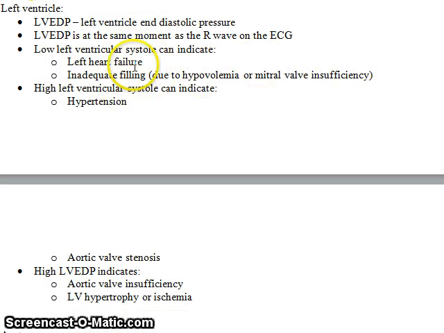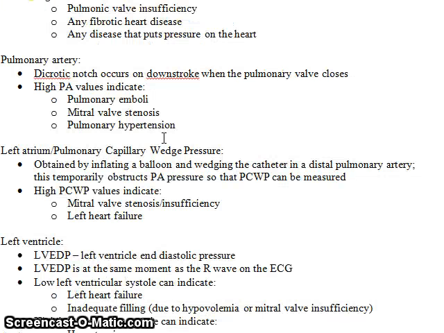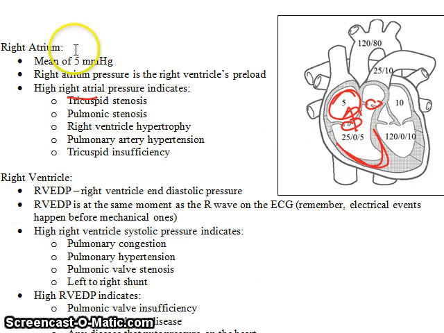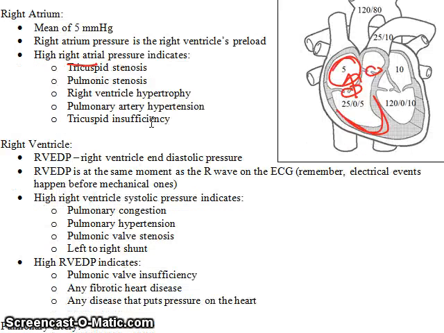The left ventricle pressure is actually measured on the left side of the heart, so it's an arterial stick. You've seen this a million times, but they put the catheter in the actual left ventricle to measure the left ventricle pressure. So all of these pressures that we've looked at up here have all been on the right side of the heart, so a venous stick was needed to access the right side of the heart.